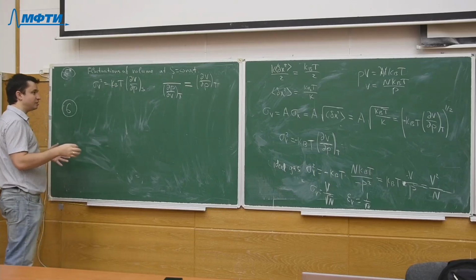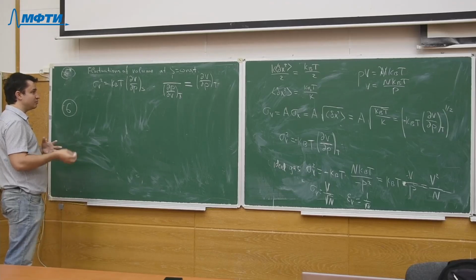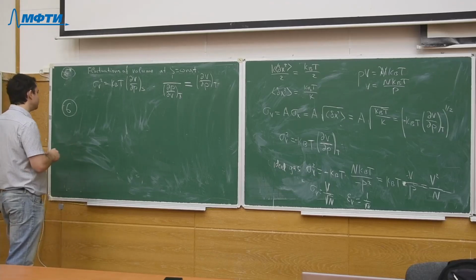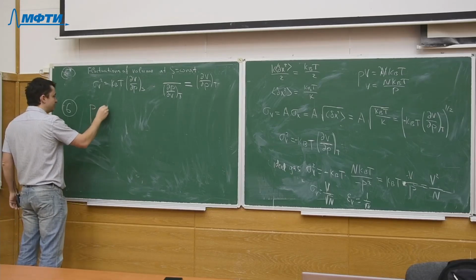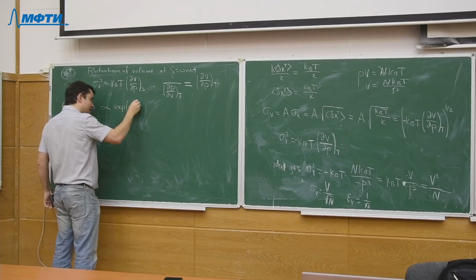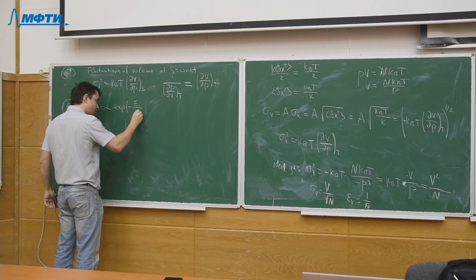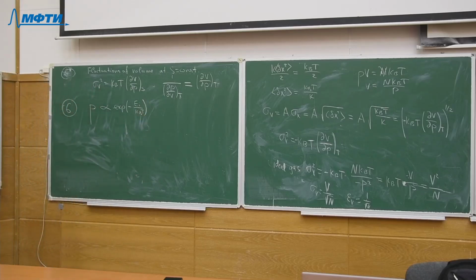In one way or another, I have assumed that the probability of a microscopic state is proportional to the exponent of minus the energy of that microscopic state divided by kBT.